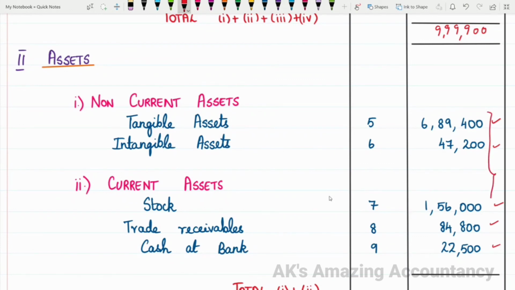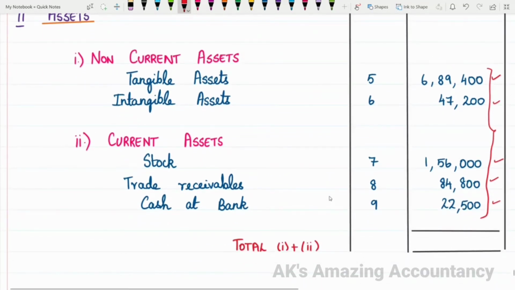So if you add all these amounts together, that will give you the total of the assets. Let us add and see. So it will be 9,99,900.